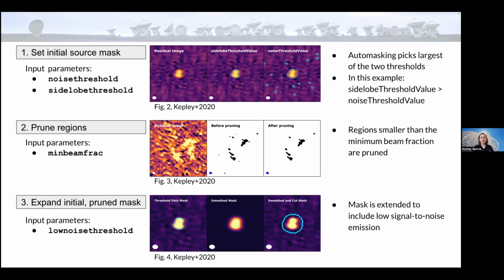It's not the only parameter that adjusts how these masks are expanded, but it is the one I just wanted to highlight. Essentially you pick this low noise threshold, and tclean and auto masking will expand that mask down to the low noise threshold that you specify. This is shown in the lower figure here, where the threshold-only mask ends up being smoothed and expanded out to the threshold we specify.